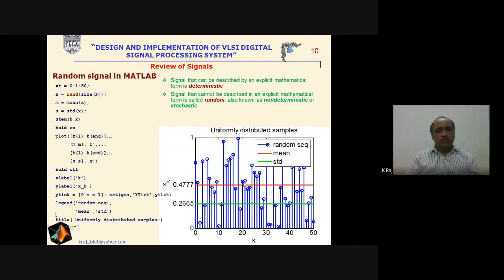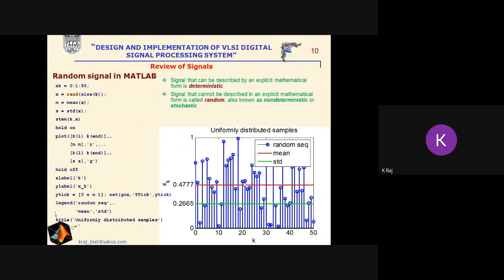So first we design the algorithm, then that algorithm will be subjected to different types of sequences in order to analyze the performance of that digital system. For that purpose, there is a need for different types of discrete time signals. So we have discussed how different types of discrete time signals will be generated using MATLAB commands. This is about this lecture.